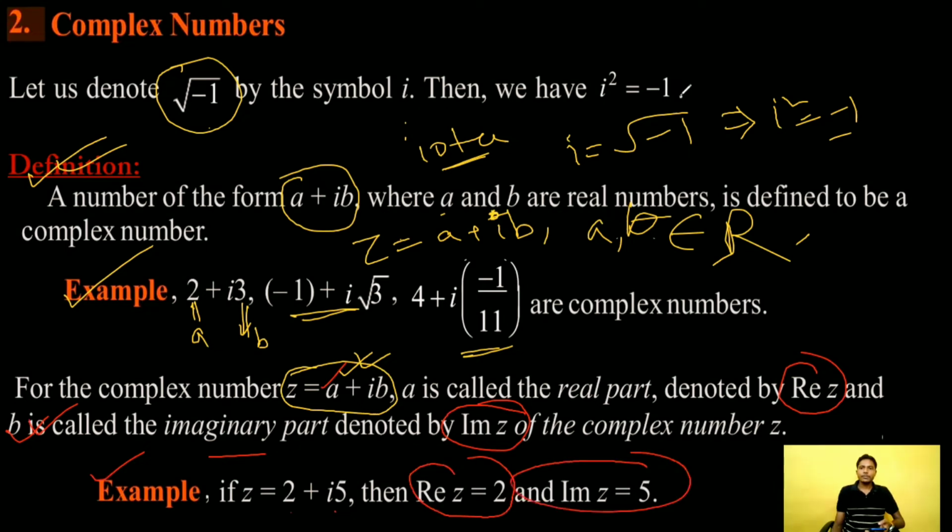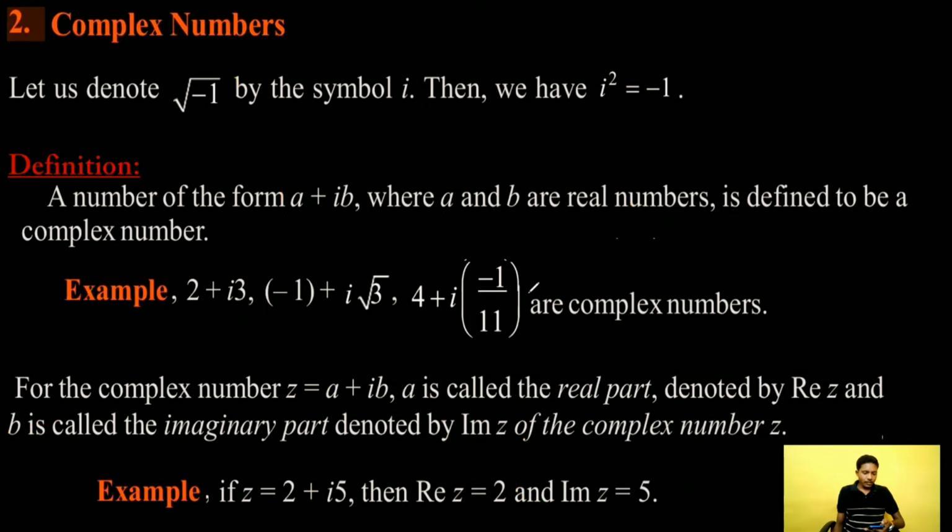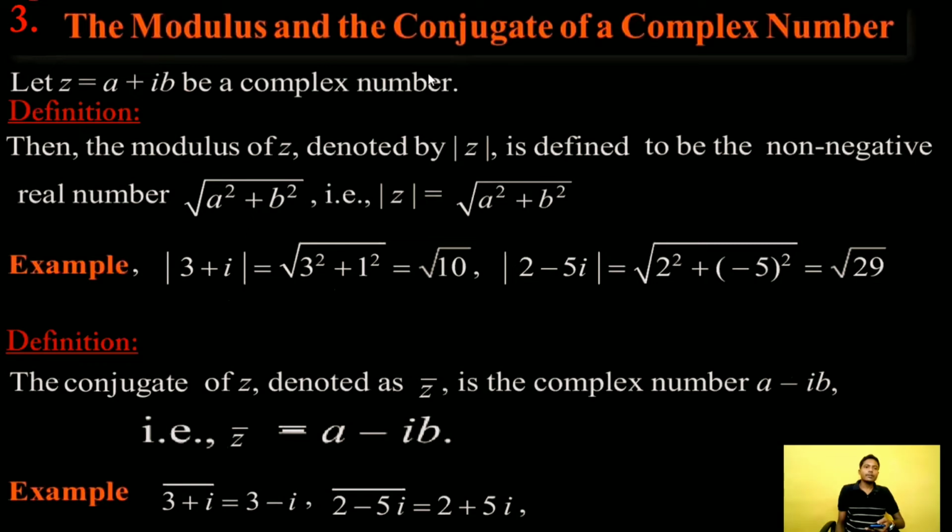Now I will explain the modulus and conjugate of a complex number. What is modulus? Let z equal to a plus ib be a complex number, then the modulus of z is denoted by mod z. These two vertical lines are called mod.